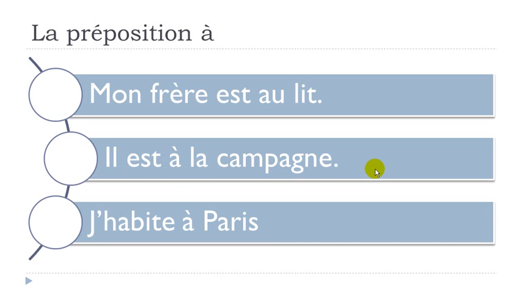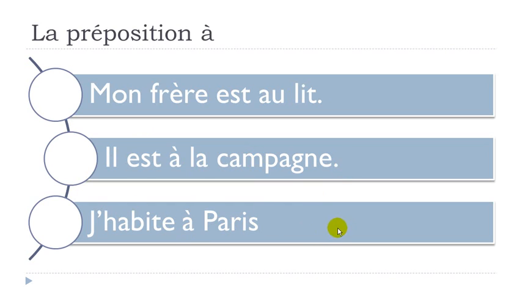And the last one, if you want to introduce a town, you use habiter. Habiter is to live. J'habite à Paris. You can see we don't put any articles, just the name of the town. J'habite, I live in Paris. So: mon frère est au lit. Il est à la campagne.